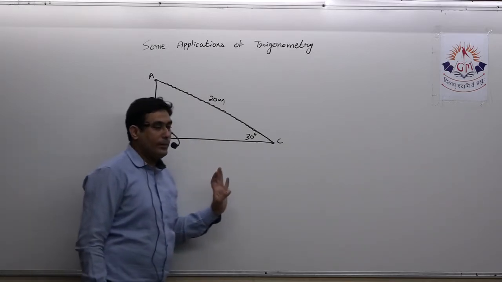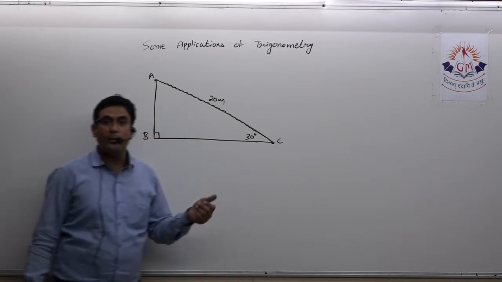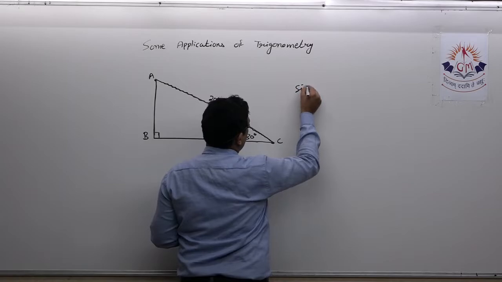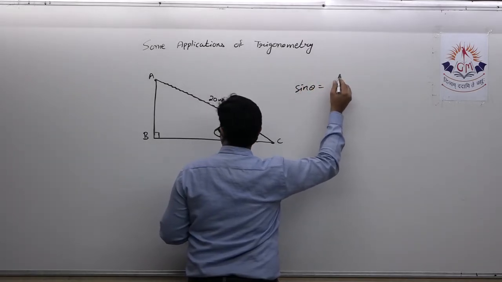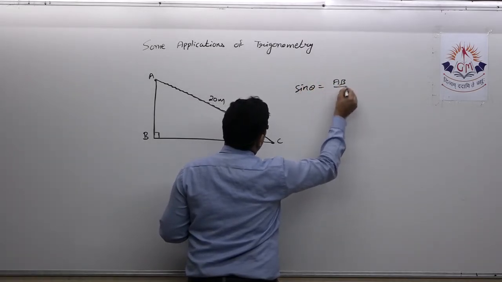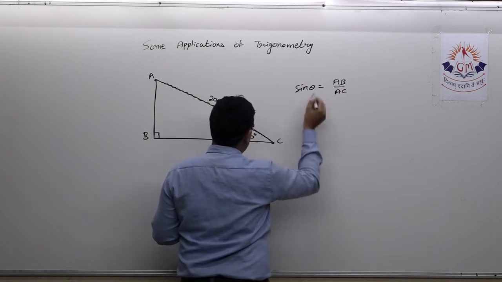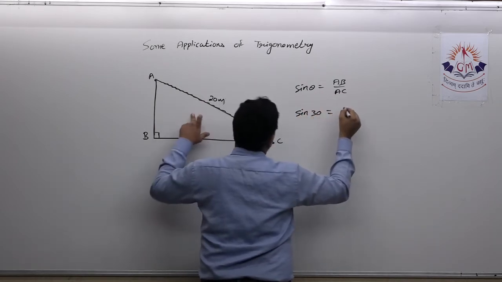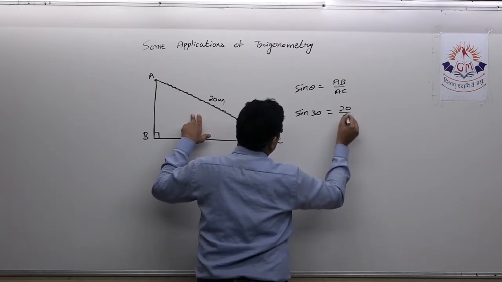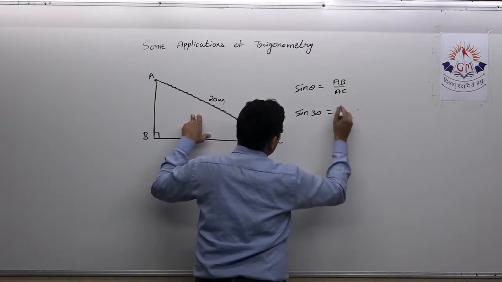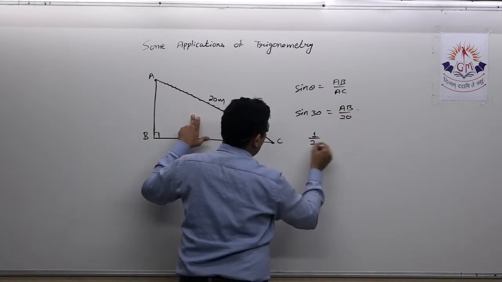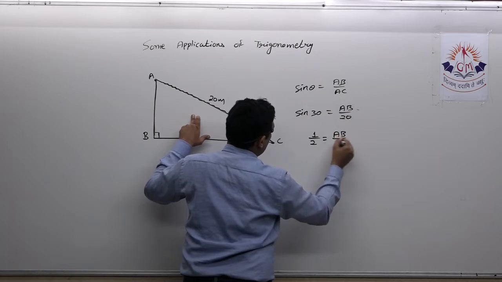So which trigonometric ratio connects the perpendicular and the hypotenuse? That is sine. So I apply sin theta equals perpendicular AB upon hypotenuse AC, and theta over here is 30. So sin 30 is equal to AB upon AC, and AC is given as 20. Sin 30 is 1 by 2, equal to AB upon 20.